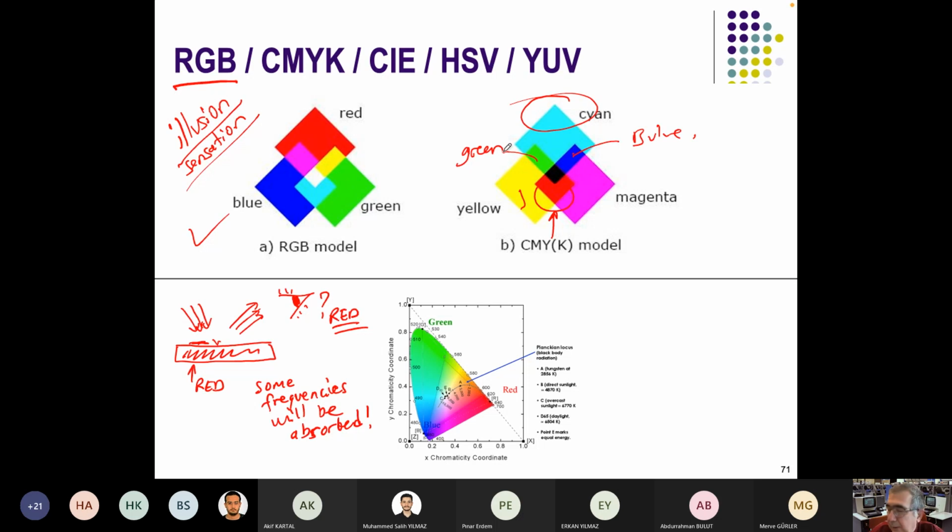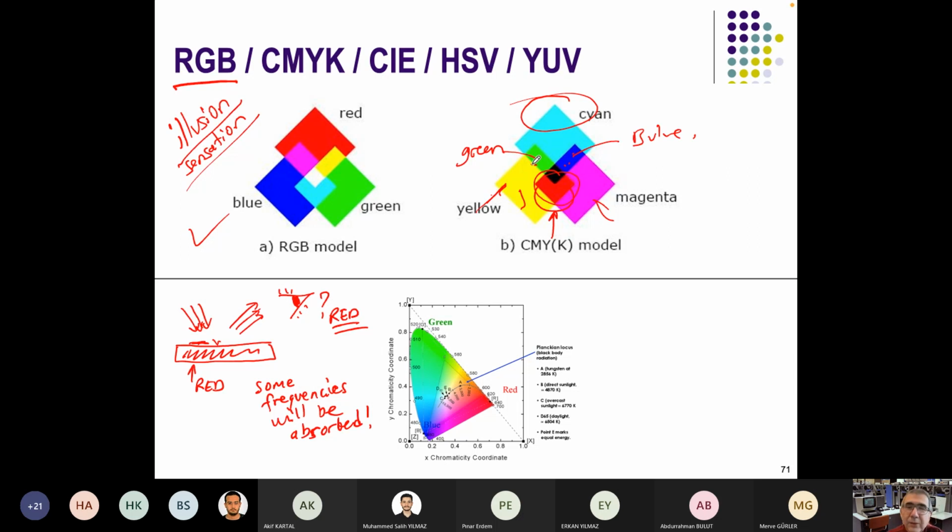If I absorb blue and green, then I will see the color as red. So in order to do that, you need to paint it with yellow and magenta. When you paint it with magenta and yellow together, that means you are absorbing blue and green. When you absorb blue and green, what you didn't absorb is red, so the object will appear as red.